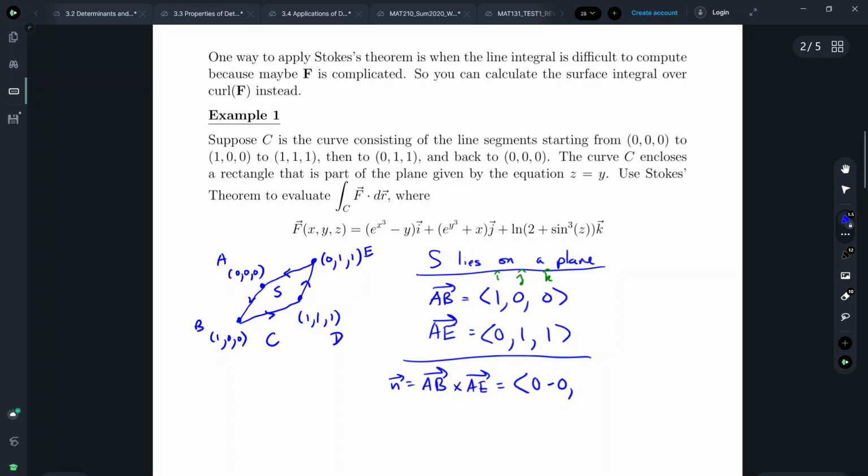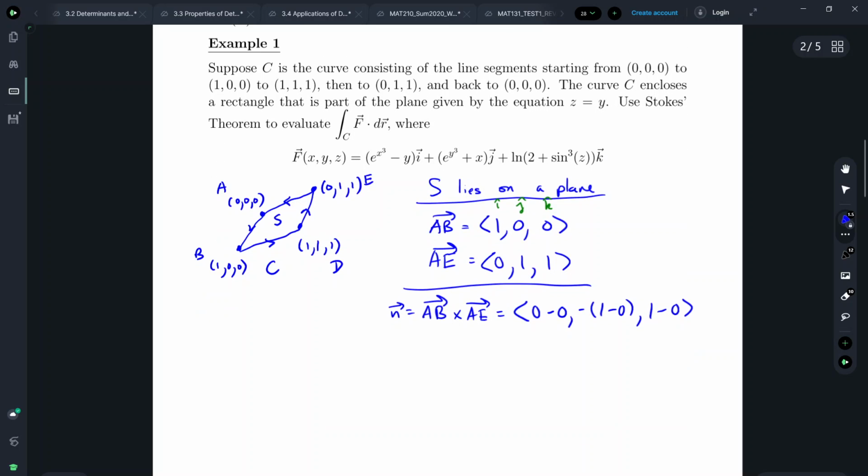Then for the j component, I have the extra minus sign. This times this is 1, this times this is 0. So you get 1 minus 0. And then finally the k component, this times this is 1, this times this is 0. So you get 1 minus 0. Okay, so I get that the normal vector is the vector 0, negative 1, 1.